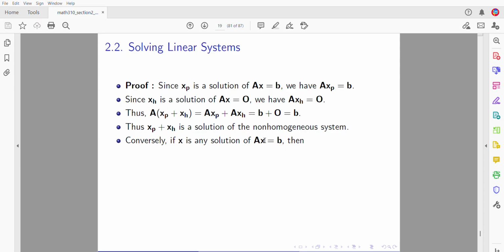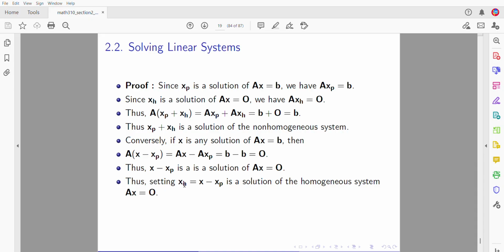Conversely, suppose x is any solution. Then consider x minus xp, where xp was given to you. A times (x minus xp) is Ax minus A xp. Well, x solved with b at the end, and xp also solved with b at the end, so the difference is 0. So x minus xp is a solution of the homogeneous system.